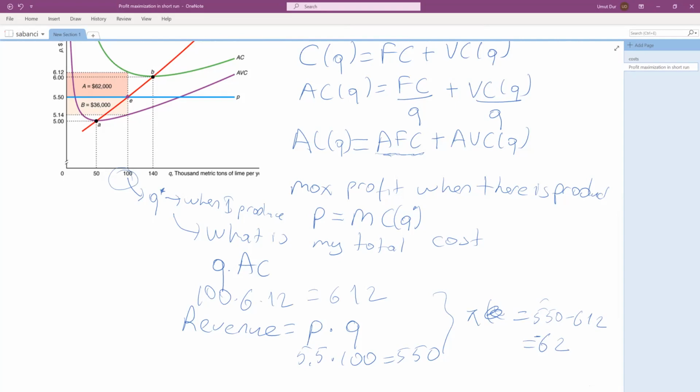Okay, so although I am losing some money, I do not shut down my firm, because as you can see here, this 5 is the minimum of average variable cost.